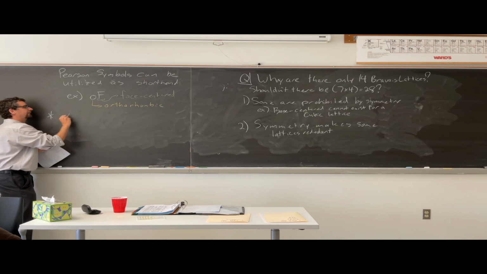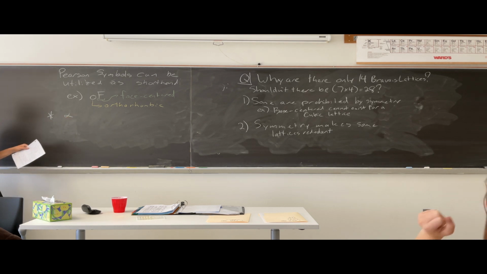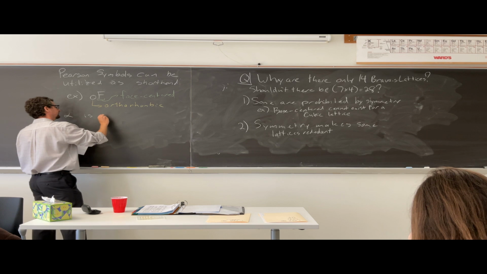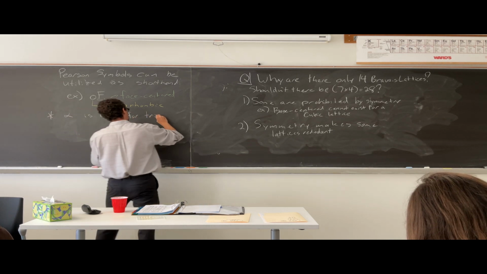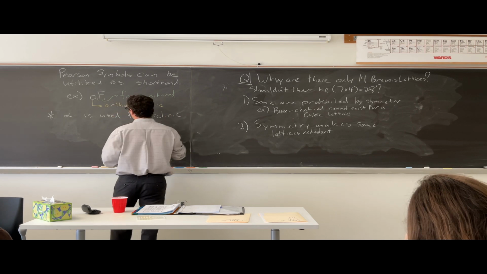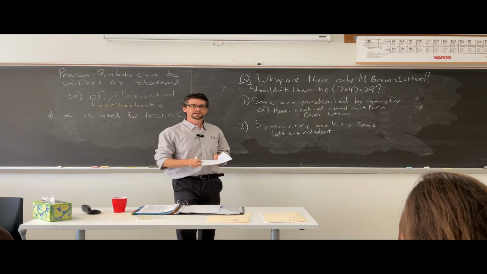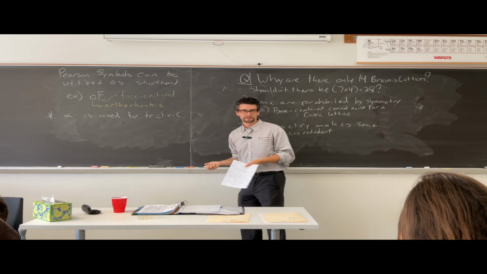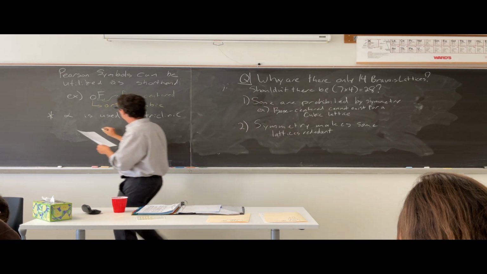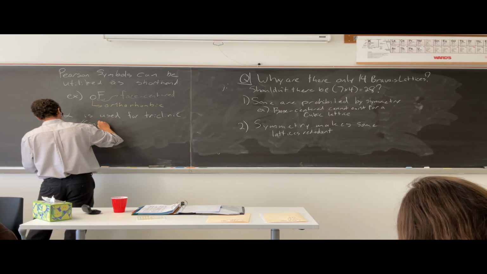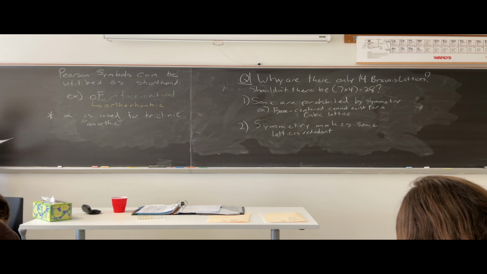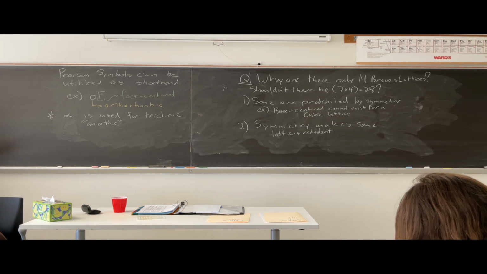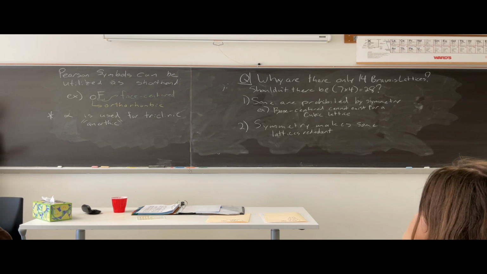So alpha is used for triclinic. You might be asking why an alpha? How the hell do you get that out of a T? It's related to the word anorthic. What other T's are we going to run into? Tetragonal. And what else?